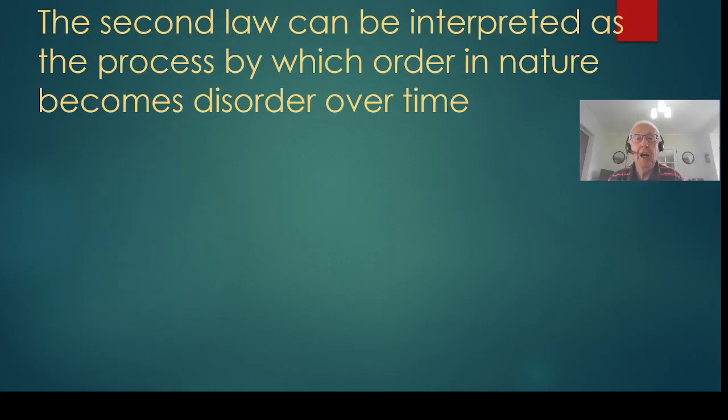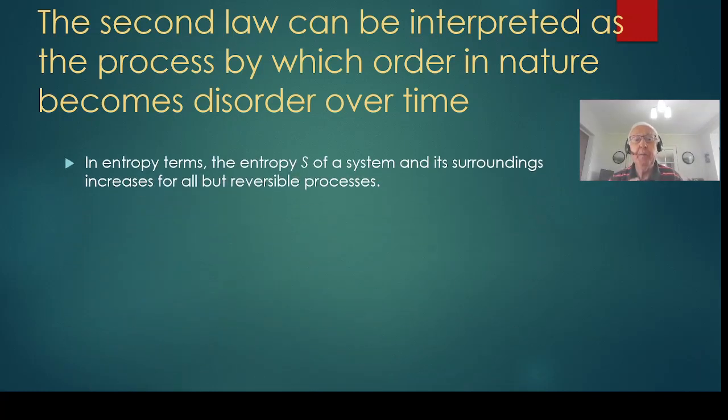The second law can be interpreted as a process by which order in nature becomes disordered over time. In entropy terms, the entropy S of a system and its surroundings increases for all but reversible processes.